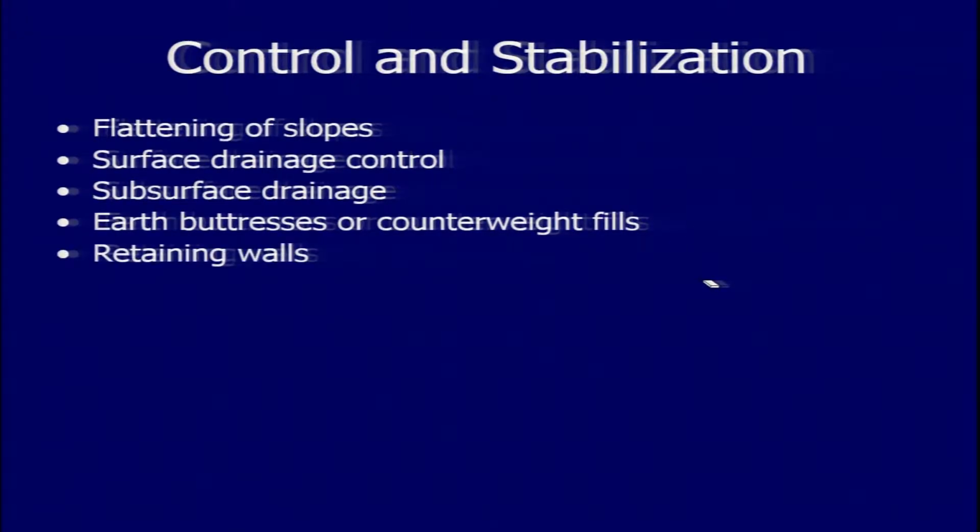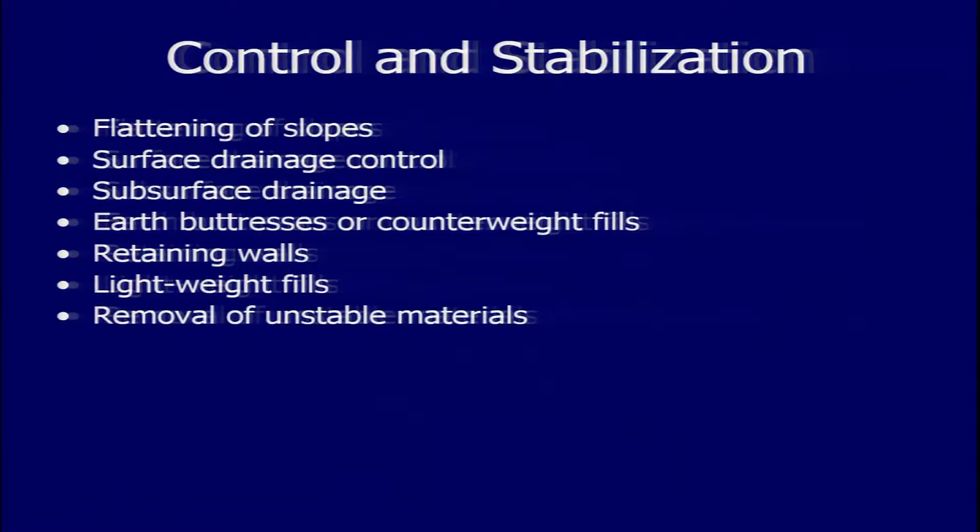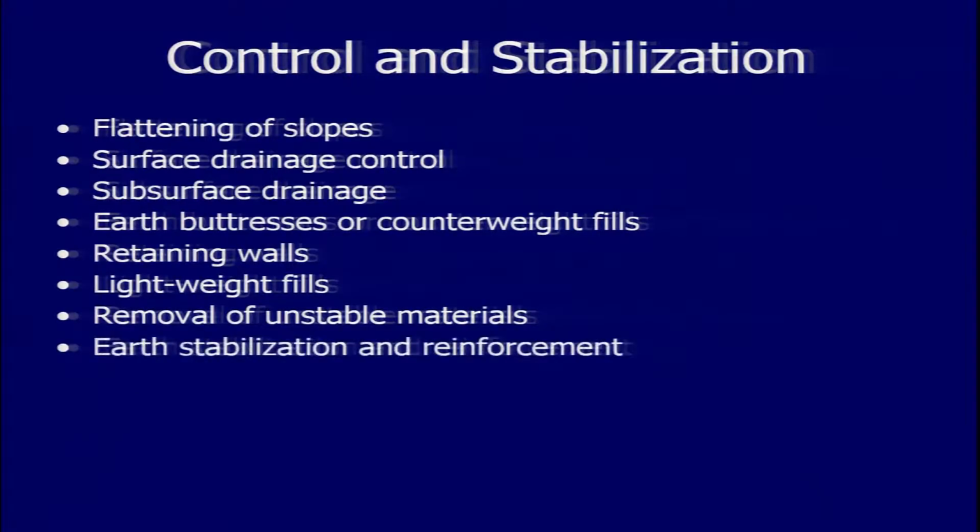Then we have retaining walls. One of the examples we have already discussed. We can have lightweight fills to avoid the slip or stop the slip. Further, removal of unstable material, and you can reinforce using better material.